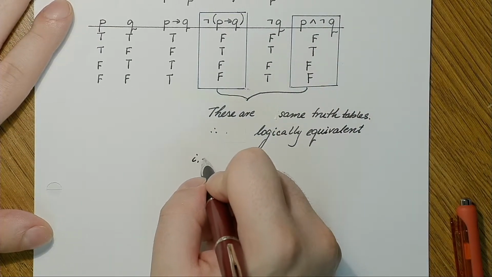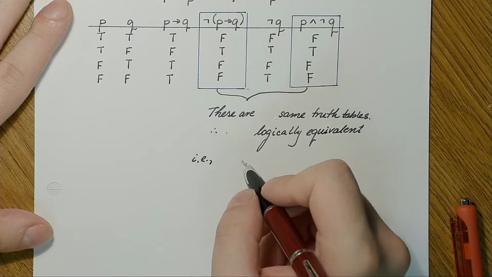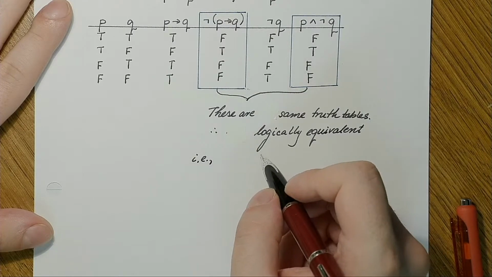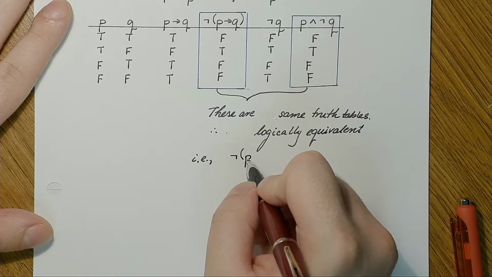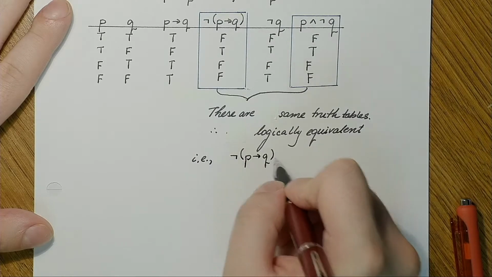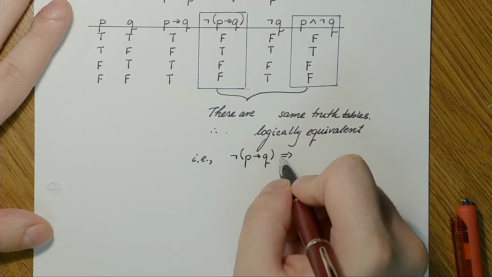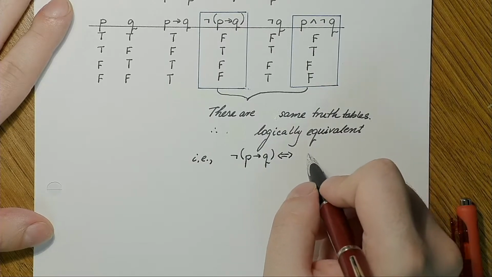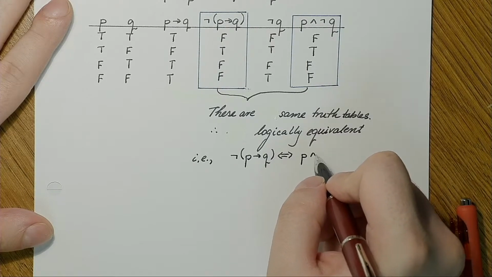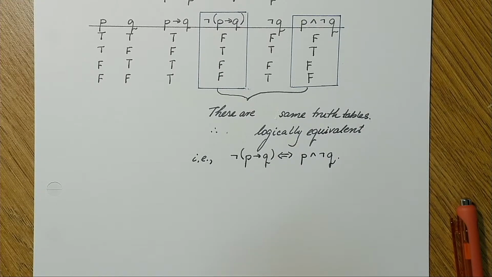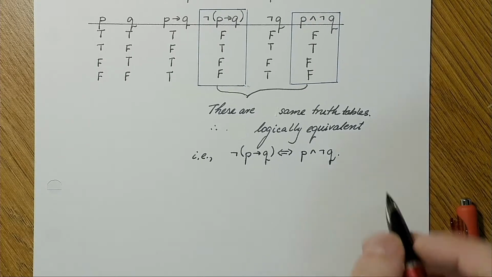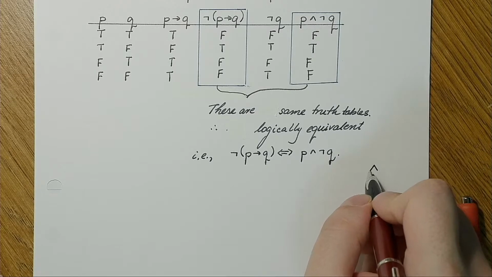Or in other words, we'll do not (P implies Q) logically equivalent to P and not Q. Okay, and that's the end of that.